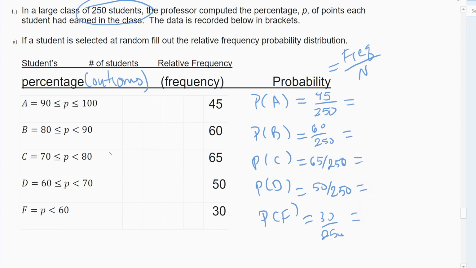You divide the 45 A students by the total 250, and that comes out to 0.18. 60 divided by 250 comes out to 0.24. 65, 0.26. 50 divided by 250 comes out to 0.2, and then 30 divided by 250 comes out to 0.12.